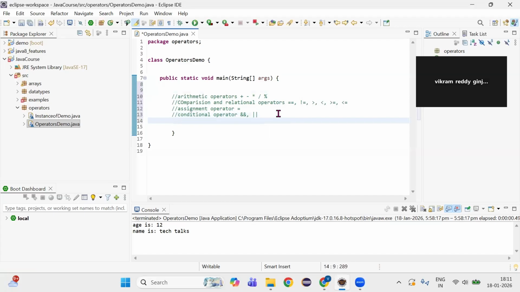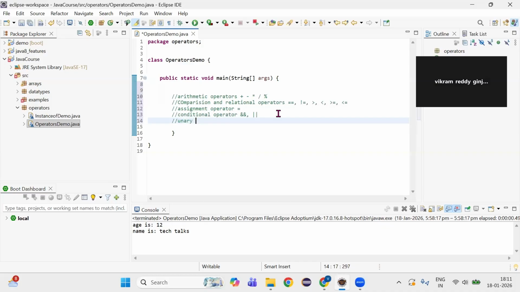Then we have unary operators. By the name itself it suggests that they operate on a single operand. So there will only be one operand for unary operators.